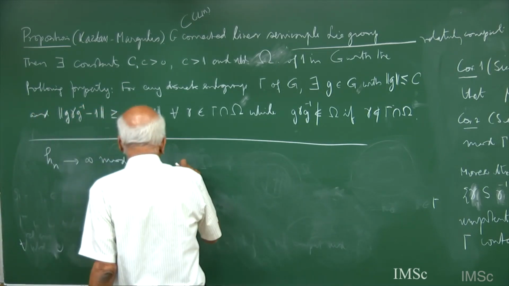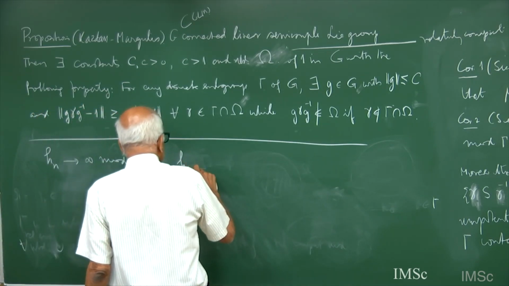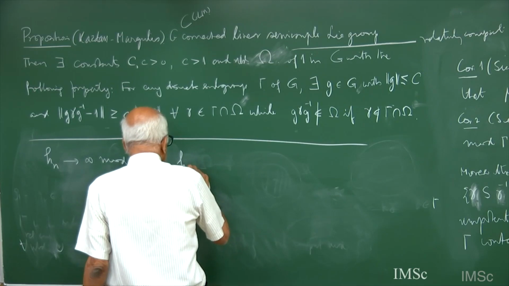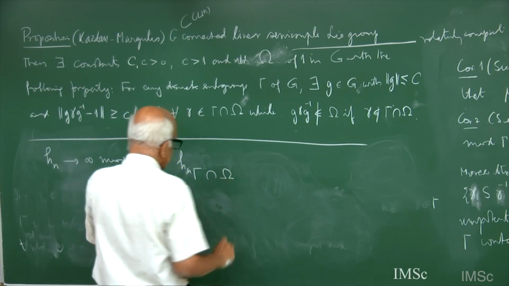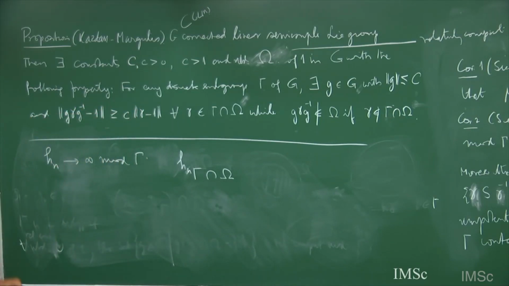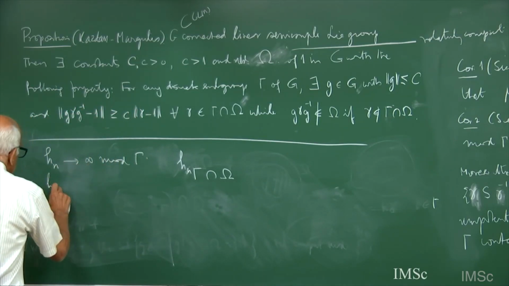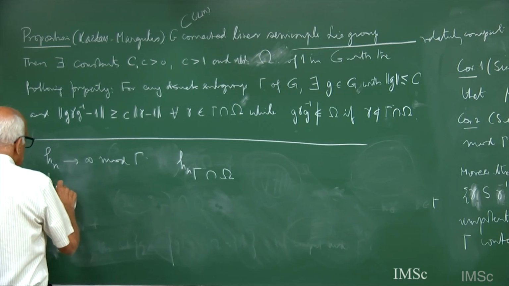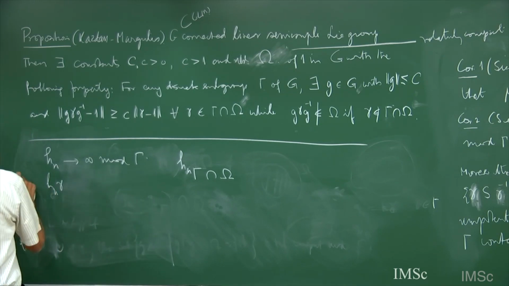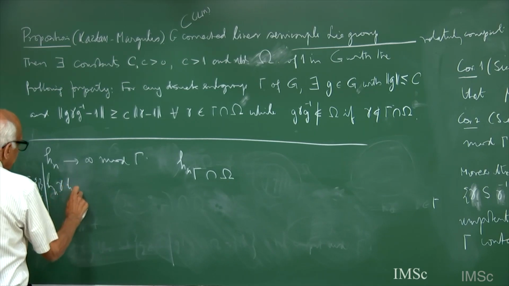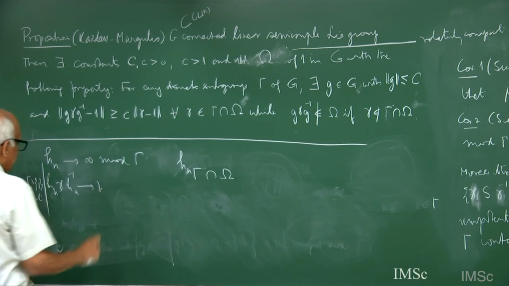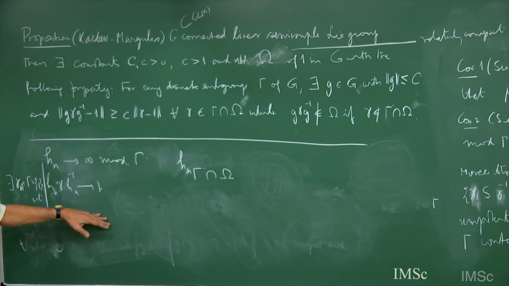Then look at this: Hn gamma intersection omega, look at this set. This of course means that there exists gamma n in gamma minus 1 such that Hn gamma Hn inverse tends to 1. This is what we know, because it's an L subgroup.